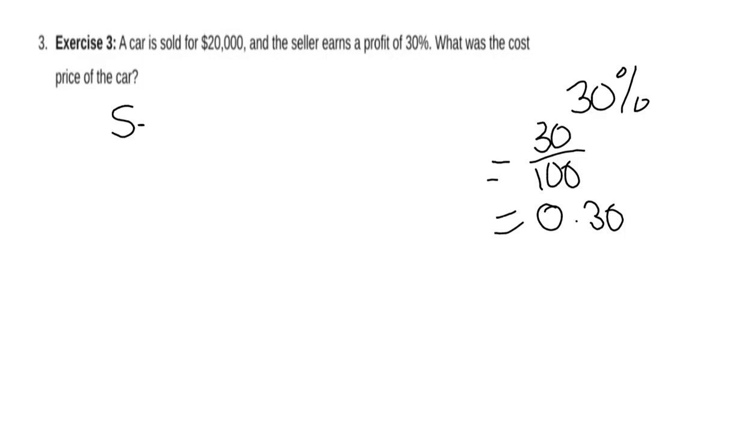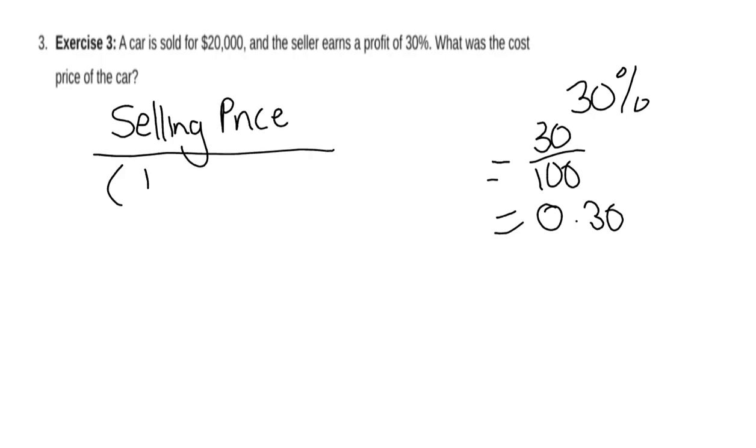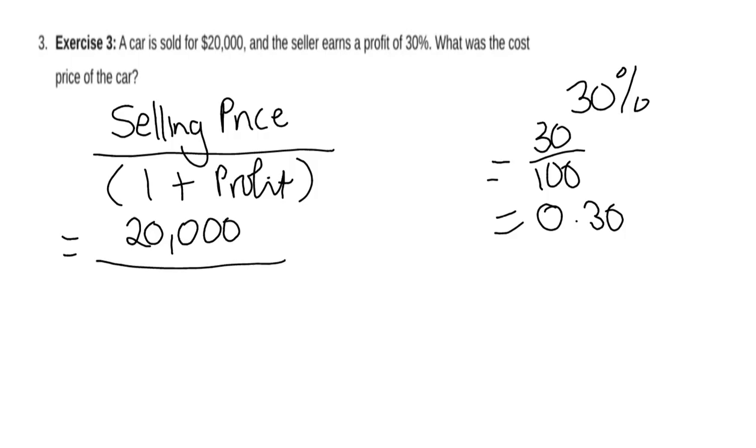So the formula to get your cost price is your selling price divided by 1 plus your profit. So here our selling price is 20,000 over 1 plus 0.30, which is our 30% profit, because we are making an extra 30%.